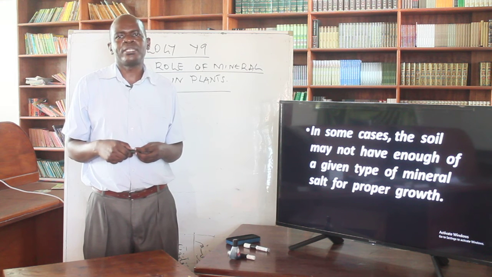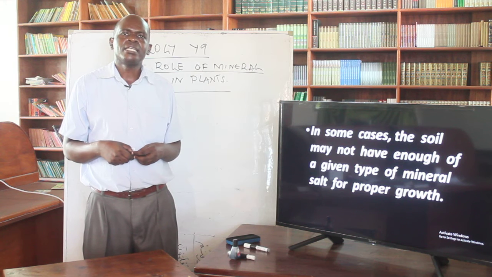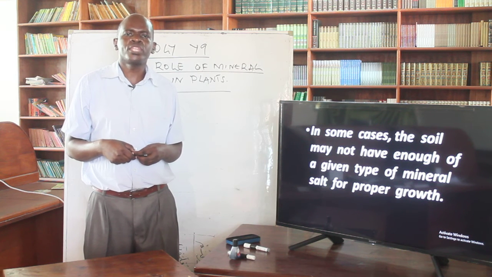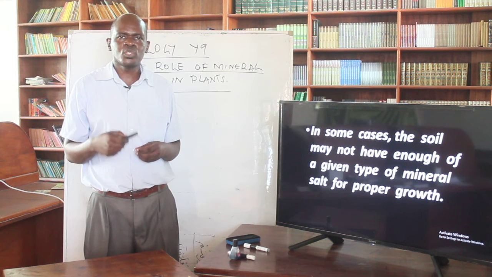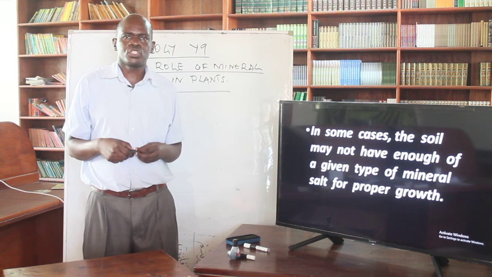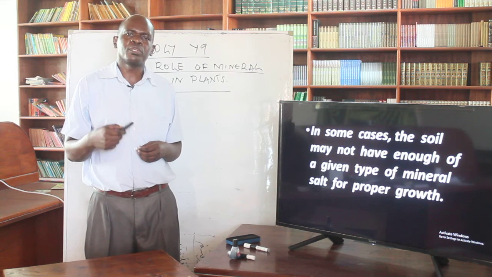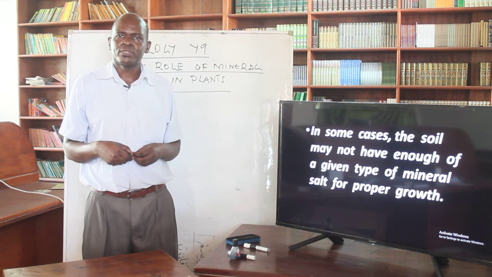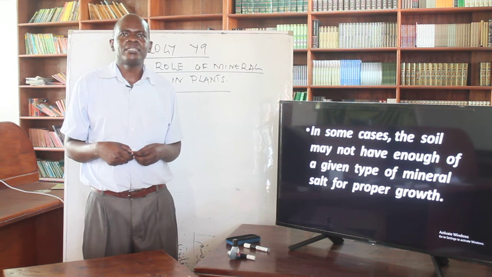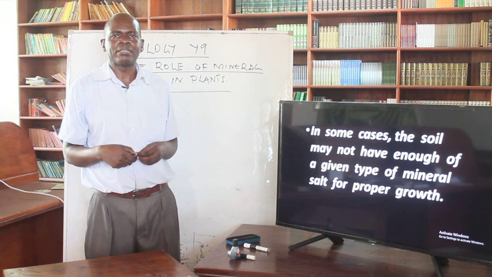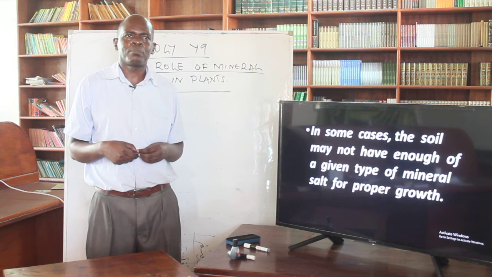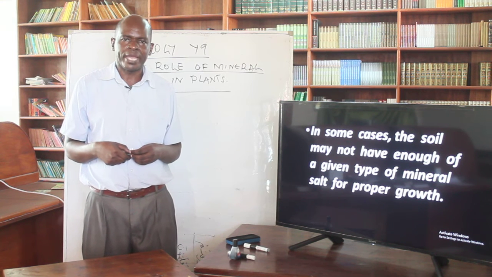Now, if it happens in that particular case, then you have to think of a way of ensuring that you enrich the soil, that you add more of these mineral salts to the soil, so that this soil can therefore be able to sustain the growth of the plants as required.